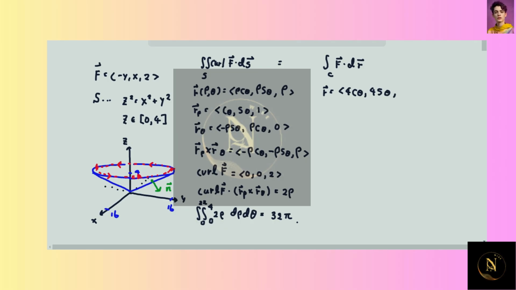And the value of z is not going to be that important in this situation, but it is going to be 4. I am going to use it for the purpose of being accurate in terms of calculating what F actually is. Okay, now I will calculate r prime. Of course, it's the derivative with respect to theta. It will be negative 4 sine theta, 4 cosine theta, comma 0.